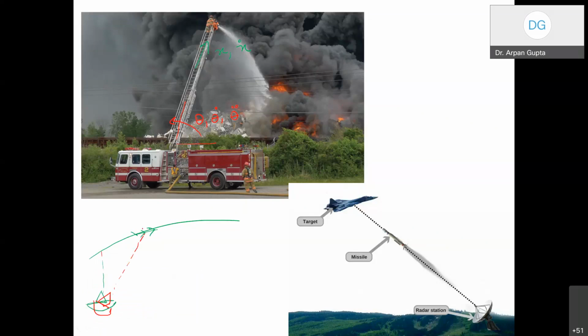Now the idea is, as I started the discussion in this class, the particle is moving in an arbitrary curvilinear fashion, but we are trying to quantify the motion with respect to certain coordinate frames. There are different types of coordinate frames.